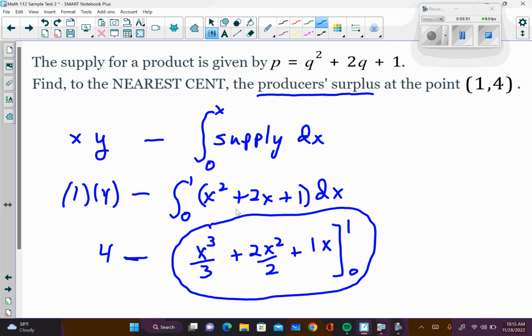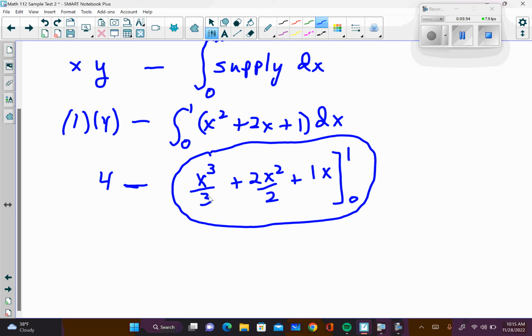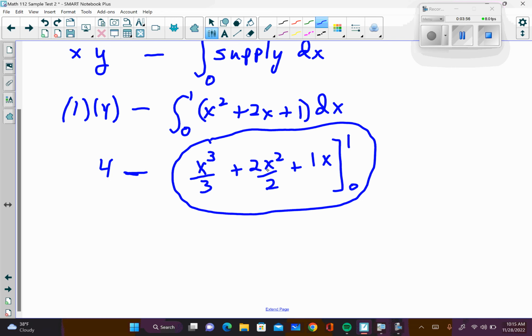So we should figure out that number and then worry about the 4 minus later. All the x's get replaced with 1's: 1 cubed over 3 plus 1 squared, because I canceled these 2's, plus 1 times 1. And then it's minus 0, because we'll have 0 plus 0 plus 0.